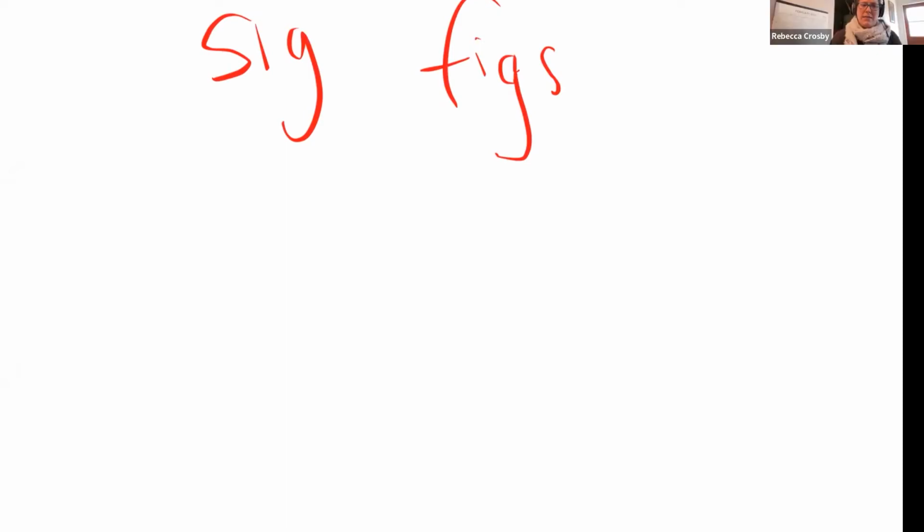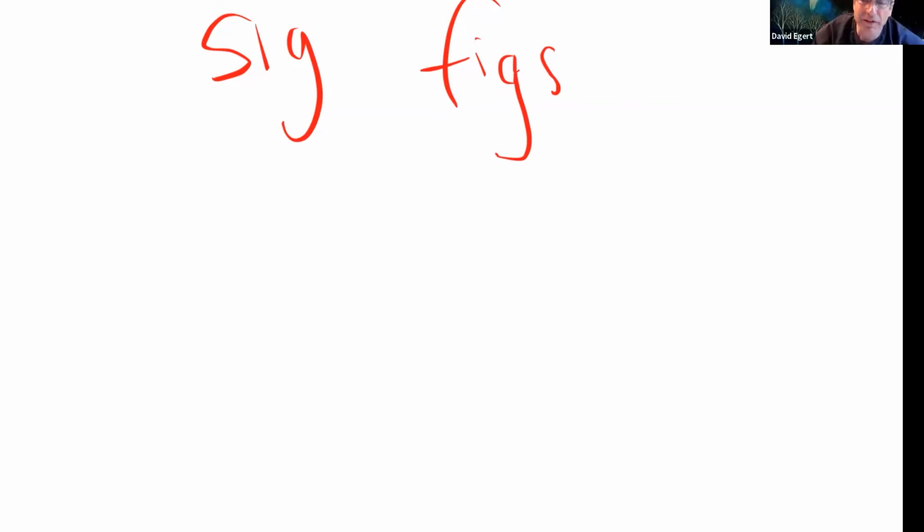The last number is usually a guess. So when you're looking at a meter stick, you can see, oh, it's 10.5 centimeters, and the 0.5 part would be the guess. Or you could go further depending on how many ticks are on the measuring piece.